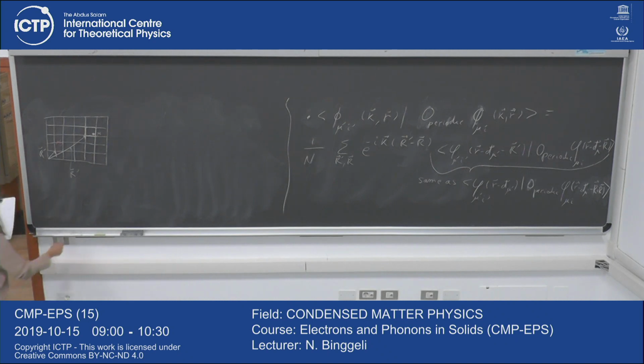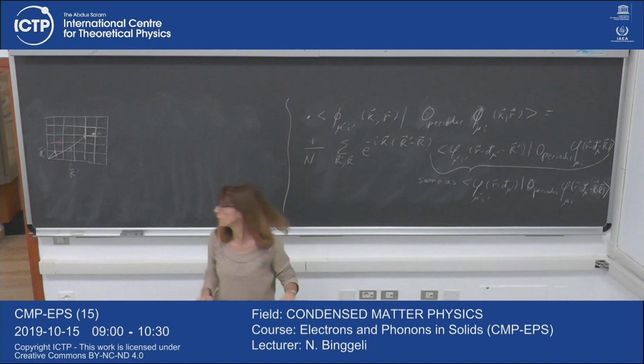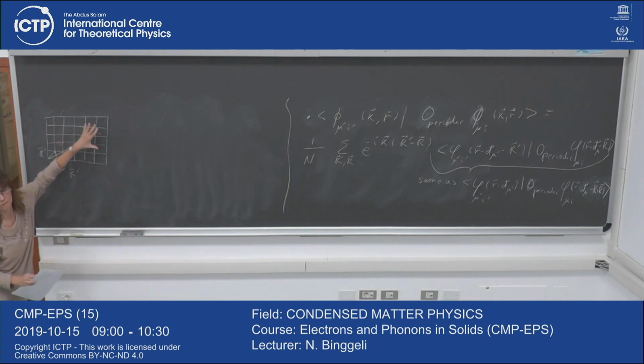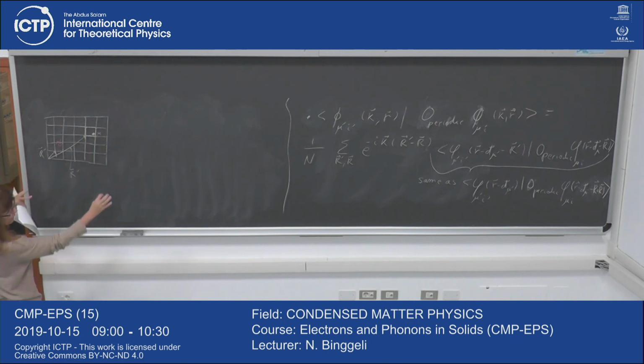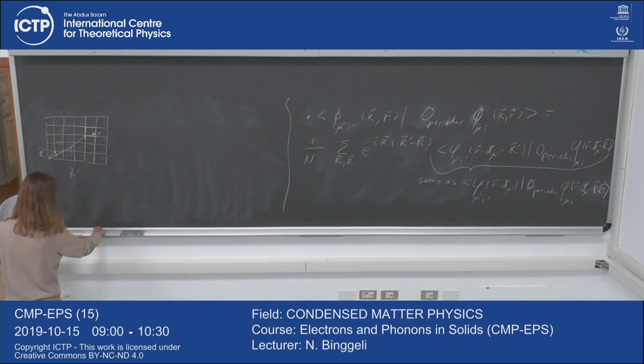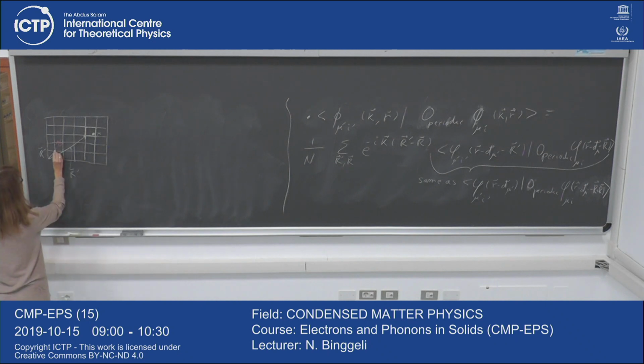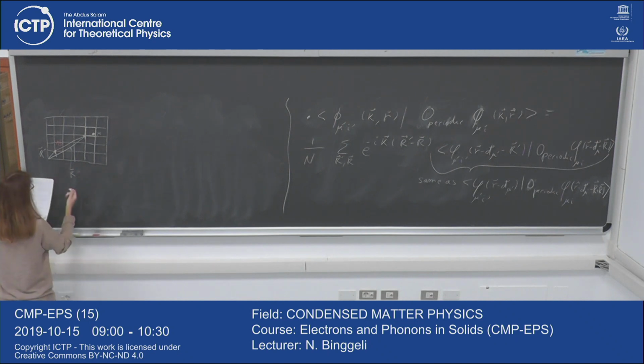and I have some atomic wave function centered on this atom and some wave function centered on this atom, and I'm calculating the matrix element over a periodic operator that is invariant when I translate by any Bravais lattice vector. So basically, this integration that I'm doing, this function times this function and the periodic operator, is the same if I consider the origin here, and I consider the atom mu prime in the cell at r equal to 0, and the atom mu in the cell r minus r prime.